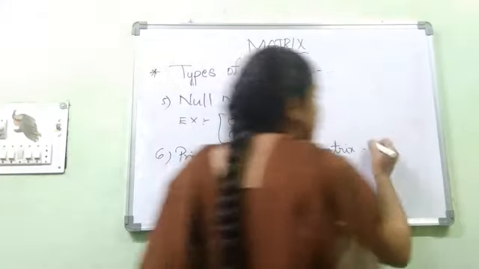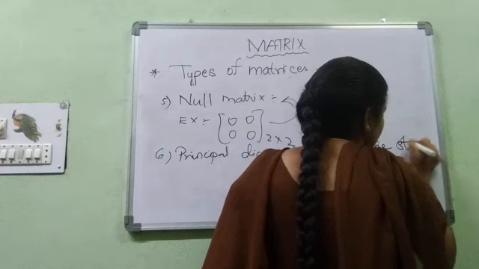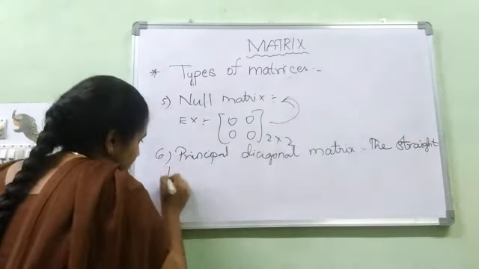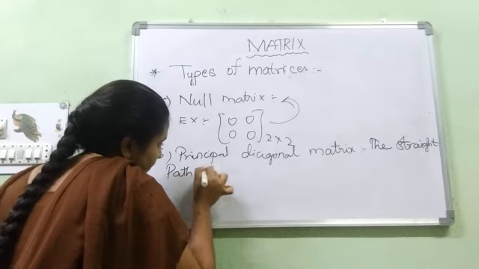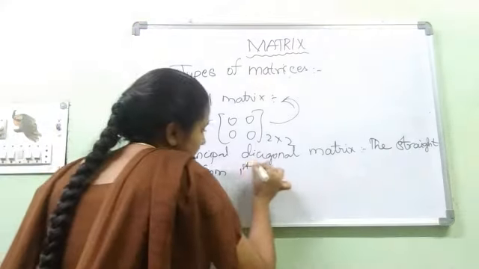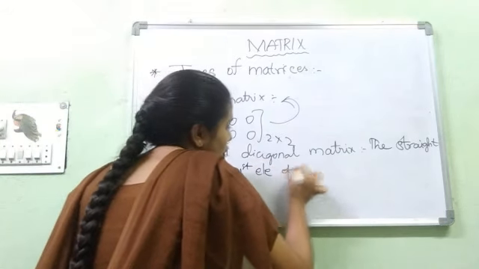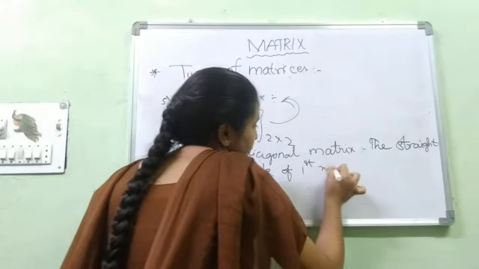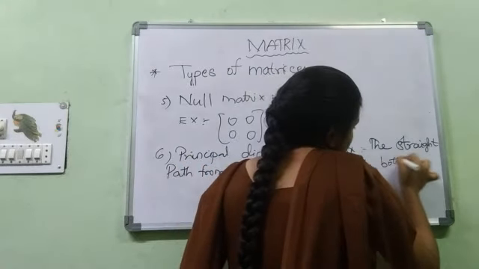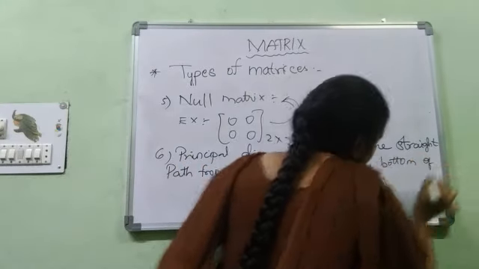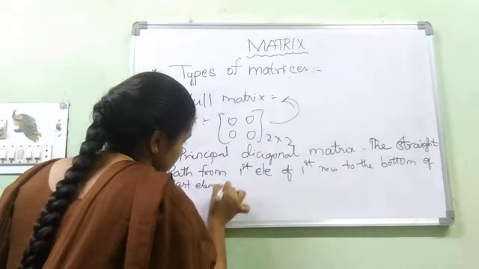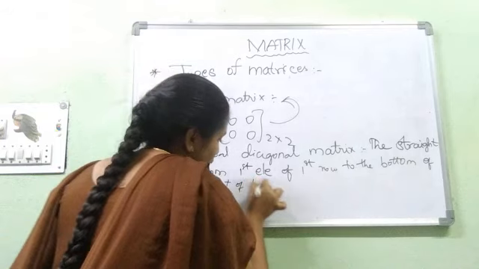So that is the straight path from first element of first row to the bottom of last element of last row.